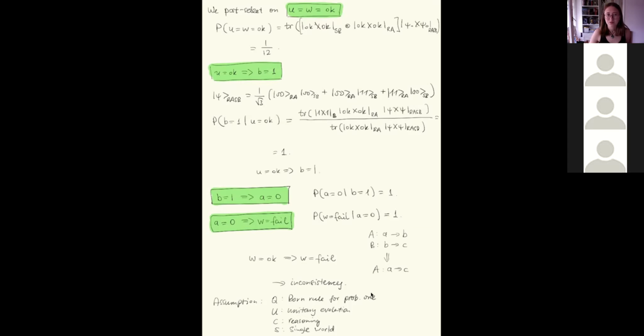Funnily enough, some interpretations, for example extreme versions of the many-worlds interpretation, are against this assumption. It's like, I measure the system, but I know that I'm still in a superposition. In any case, these are the 4 assumptions that go into the derivation of this inconsistency.